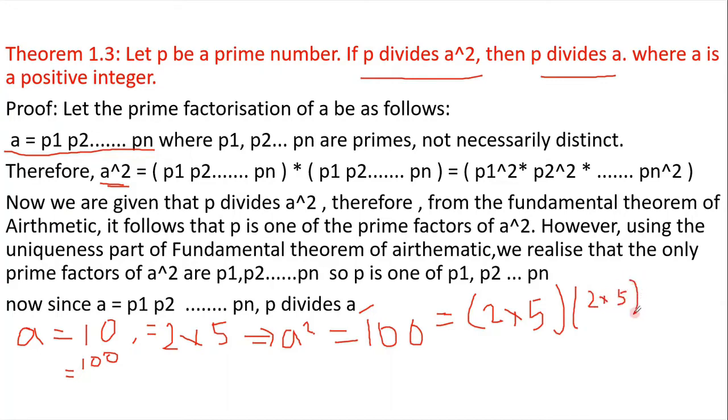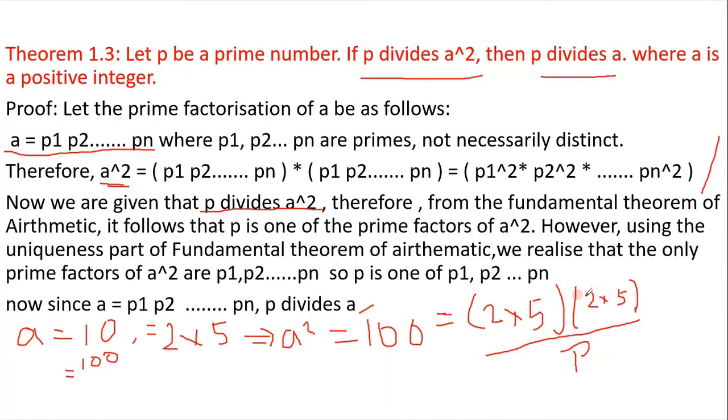Now we have done up to this step. Now what is the statement? If P divides A square, what is A square? This is the A square value. Now they are saying if P divides A square, then from the fundamental theorem of arithmetic, it follows that P is one of the prime factors of A square.